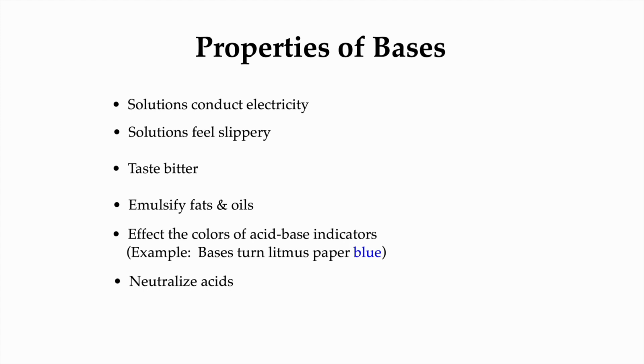They can emulsify fats and oils as well, and they also affect the color of acid-base indicators. For example, if you're using litmus paper as the indicator, a base will turn litmus paper blue. And bases can neutralize acids.